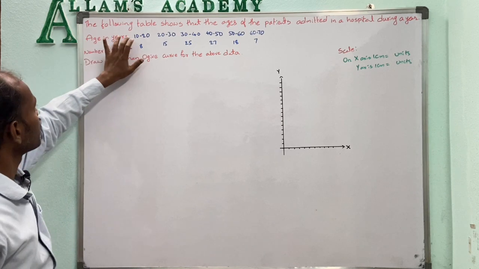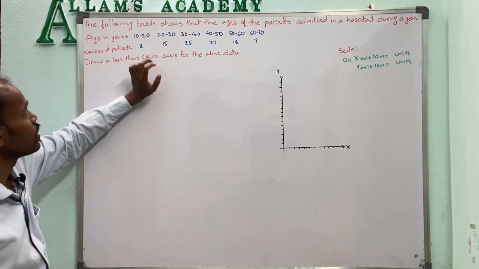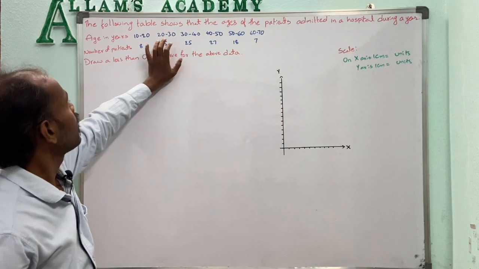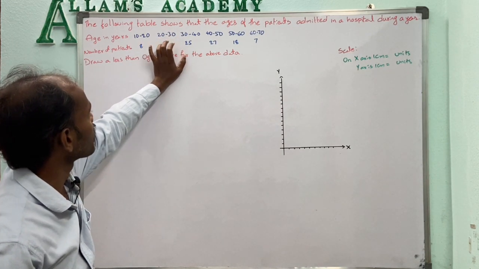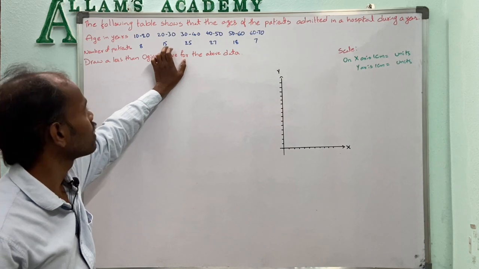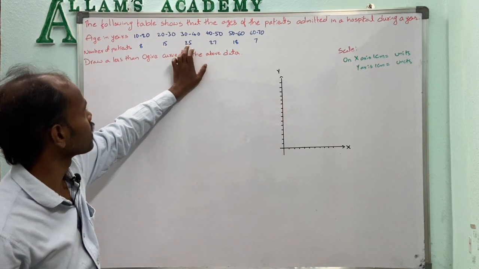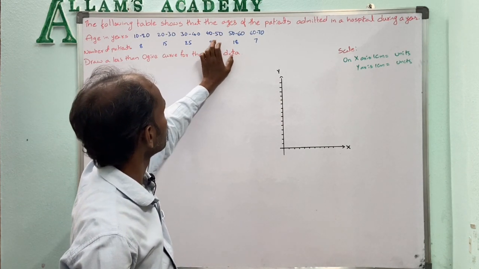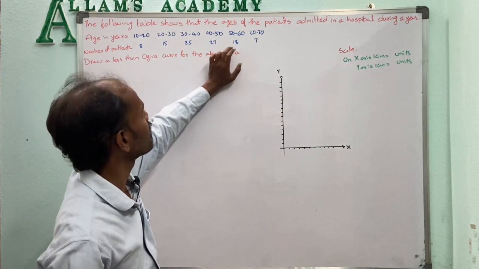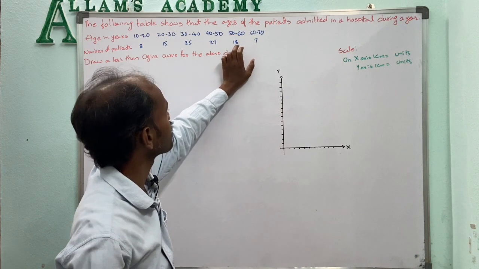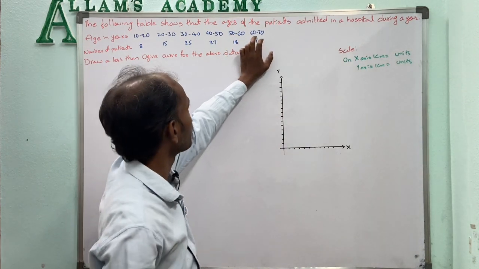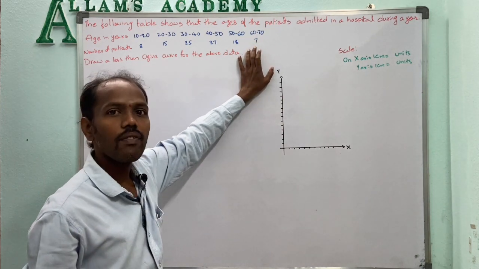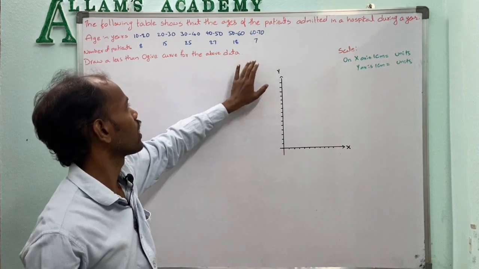Age in years, number of patients: 10 to 20 years, 8 members are admitted; 20 to 30, 15 members; 30 to 40 years, 25 members; 40 to 50 years, 27 members; 50 to 60 years, 18 members; and 60 to 70 years, 7 members are admitted in 1 year.